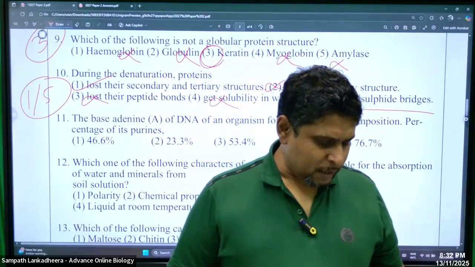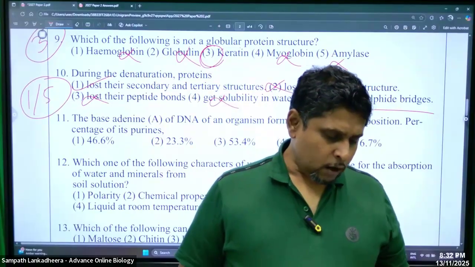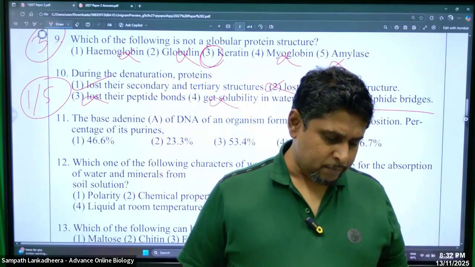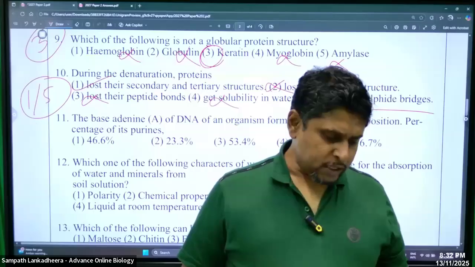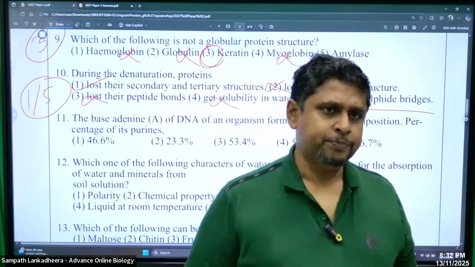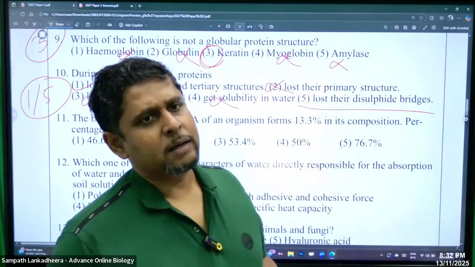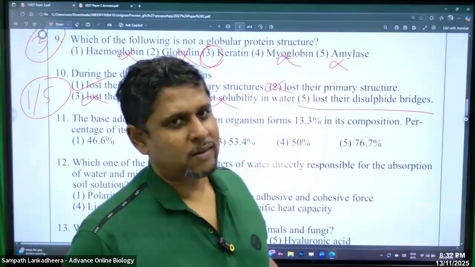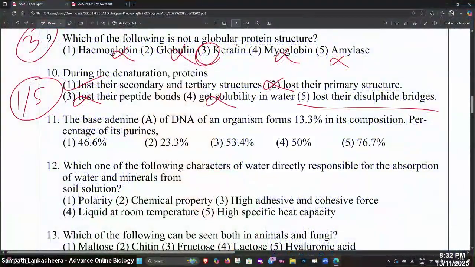Question number 11, people: the base adenine of DNA of an organism forms 13.3%. Adenine is 13.3, and adenine is equal to thymine, so both together are 26.6.